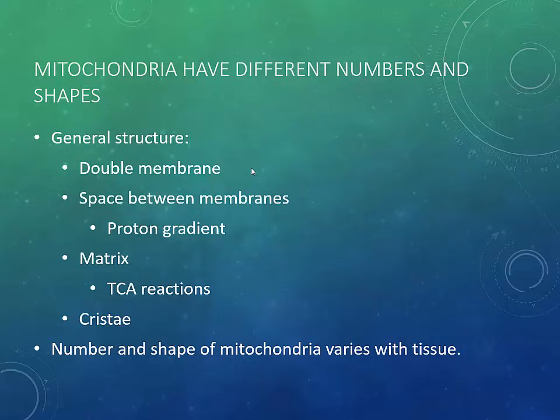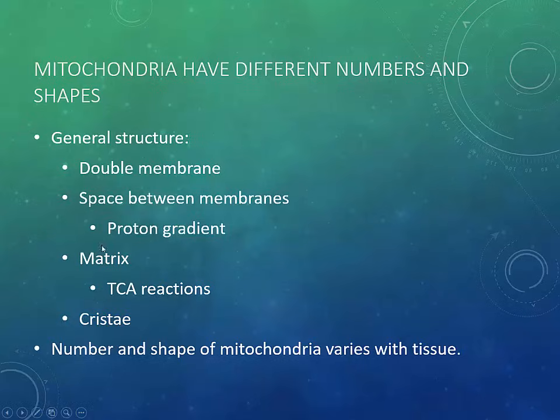It is essentially impermeable, and it needs to be because the space between the membranes contains protons, and a lot of them. So the inner membrane is basically setting up a proton gradient. So we have a huge concentration of protons on the outside of the membrane and basically very few protons on the interior portion or the matrix portion of the membrane.